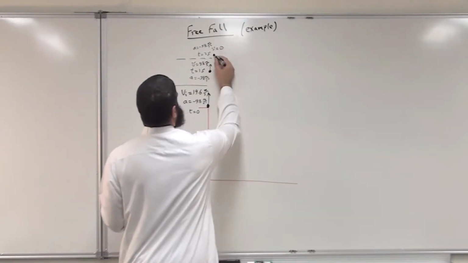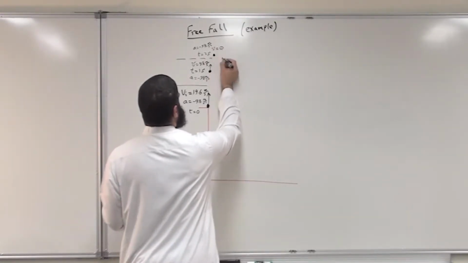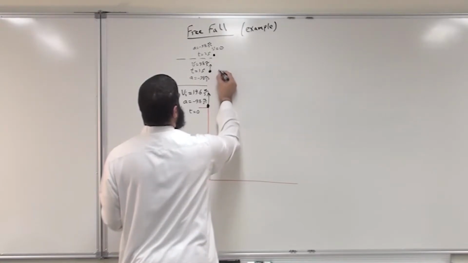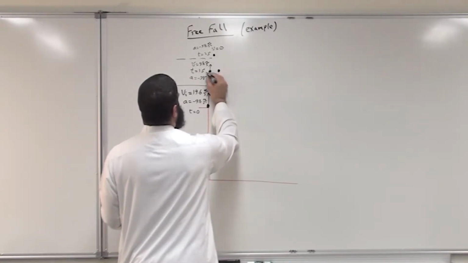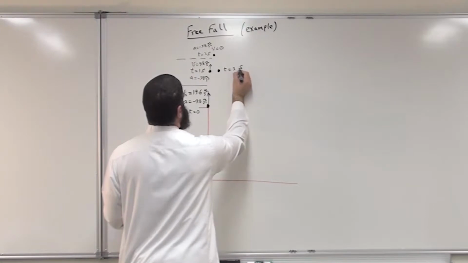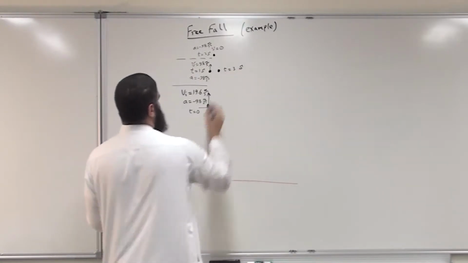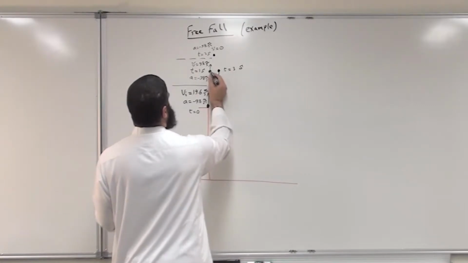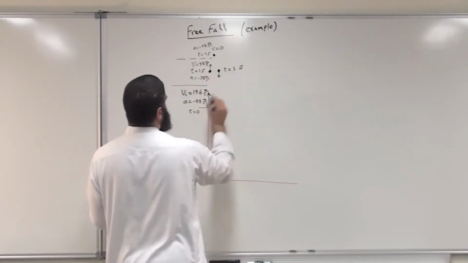1 second later, so here we have the velocity is 0. 1 second later, there is a change of how much? Of 9.8. So my object will be at the same height. This is at t equals 3 seconds. The velocity now is downward, and it has the same magnitude as that at time t equals 1 second.